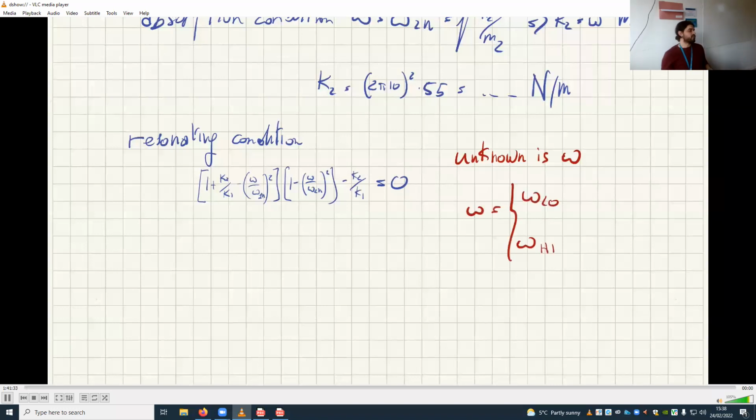And those two solutions are omega low and omega high, which are the range. They define the extremes of the interval at which this thing is safe. Again, not exactly the interval at which it's safe, because, well, safe, it's safe. But if it's more towards the edges, the absorber becomes detrimental there.